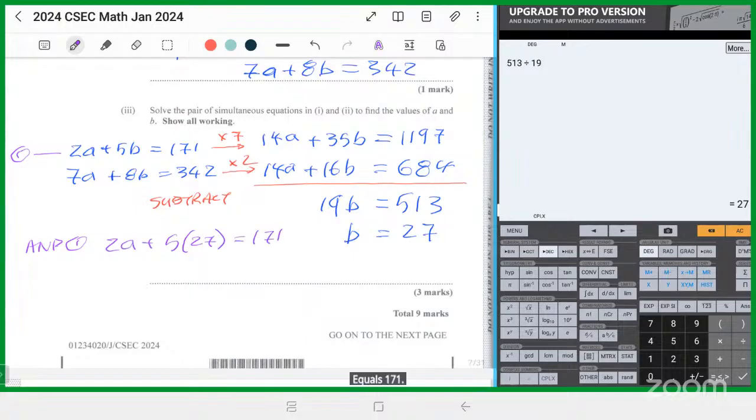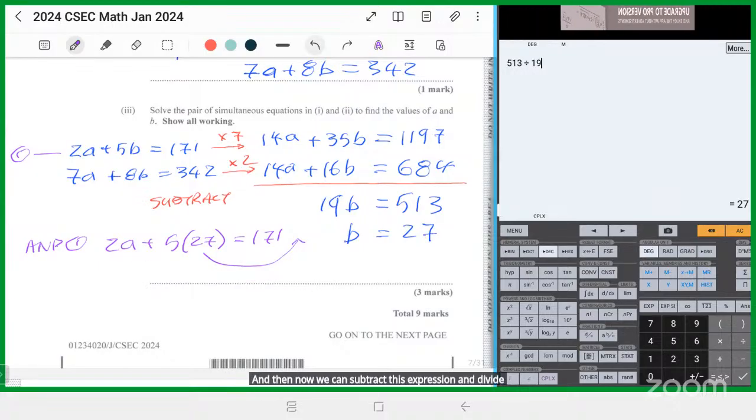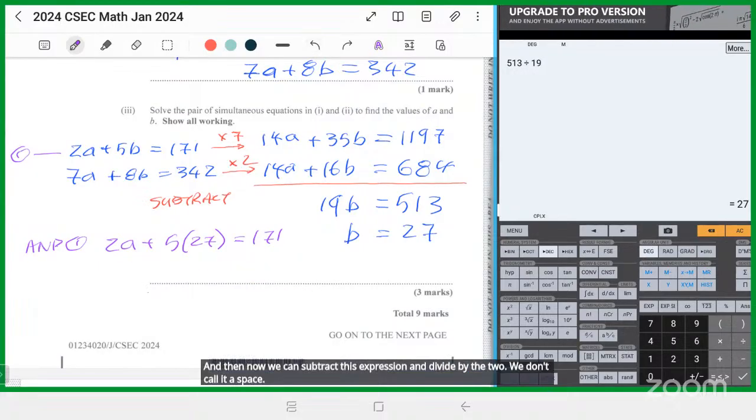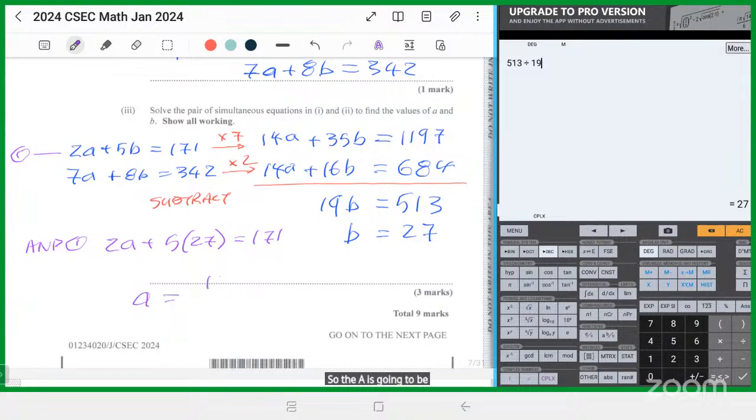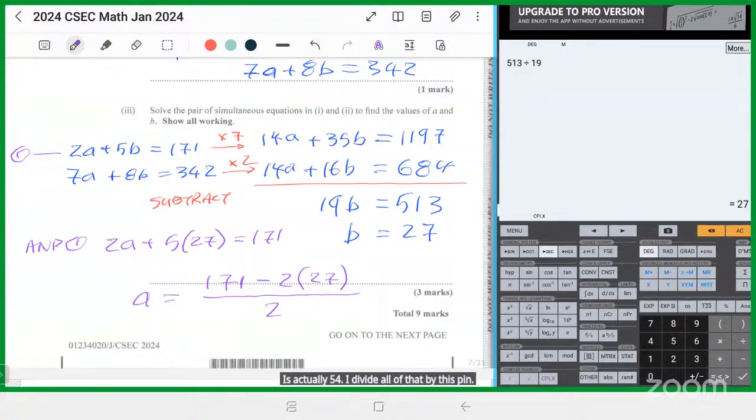But after that, now we can subtract this expression and divide by the 2. So we don't have a lot of space. So the A is going to be 171 minus this figure, 2 times 27 is actually 54, and you divide all of that by this 2. And that's going to give us the A value.